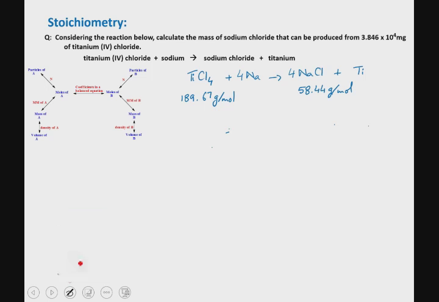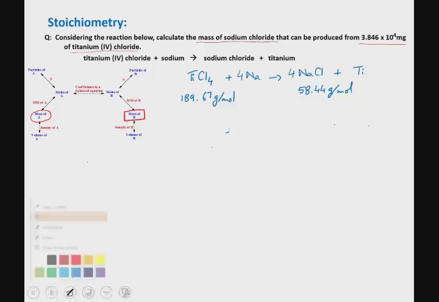We are told in this question that we need to calculate the mass of sodium chloride that can be produced as a product if we used 3.846 times 10 raised to 4 milligrams of titanium 4 chloride. In other words, we are given the mass of A being titanium 4 chloride in this case, and we are asked to convert that into mass of B, where B is sodium chloride in this case.